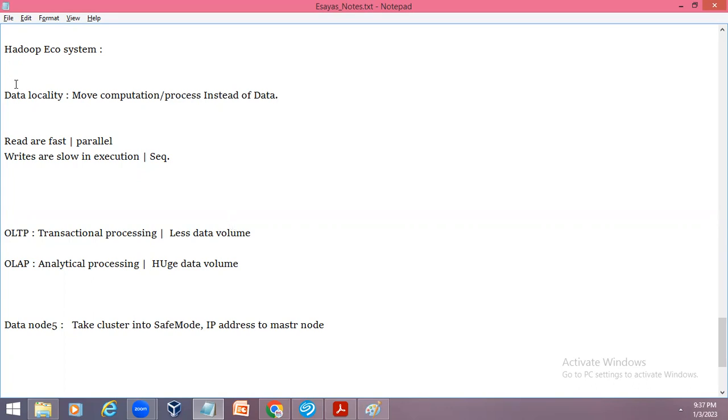Okay. And so what is the benefit we will get by data locality? The place where the data resides? Is there any benefit, or what benefit will we get by data locality?